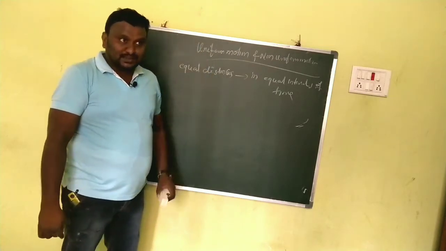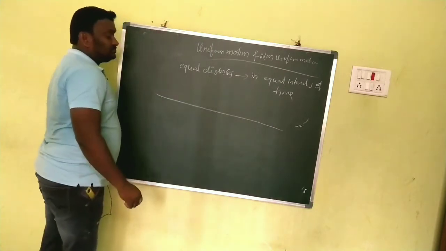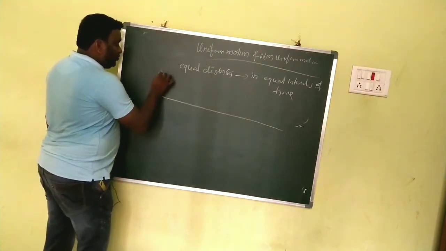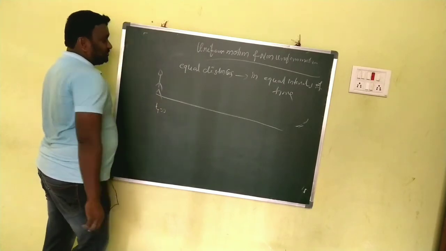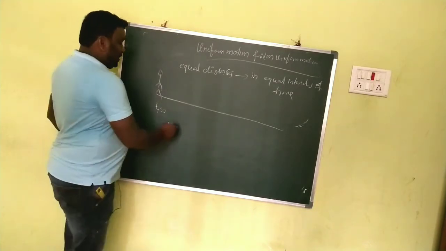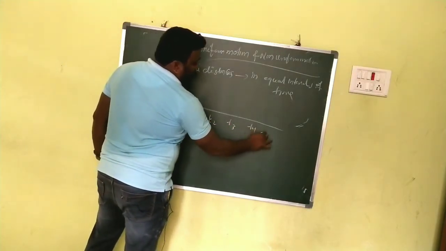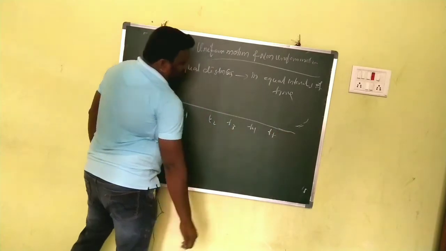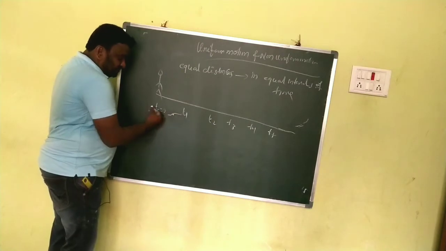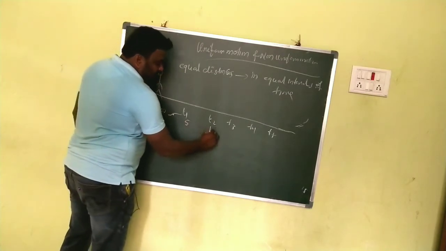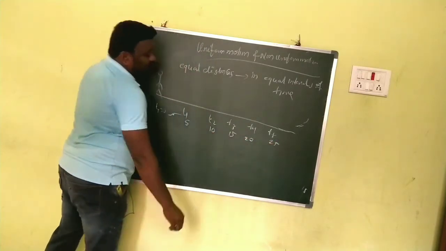Clear? For example, here one boy is there. The starting position, I am taking time as 0. We have some instants T1, T2, T3, T4, T5. Here I am taking 0, 5, 10, 15, 20, 25.